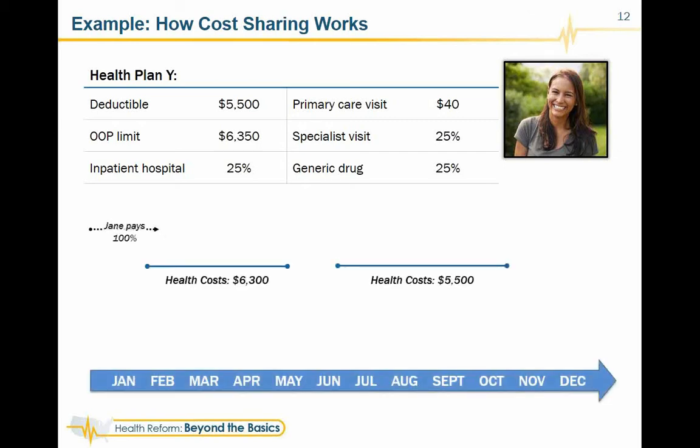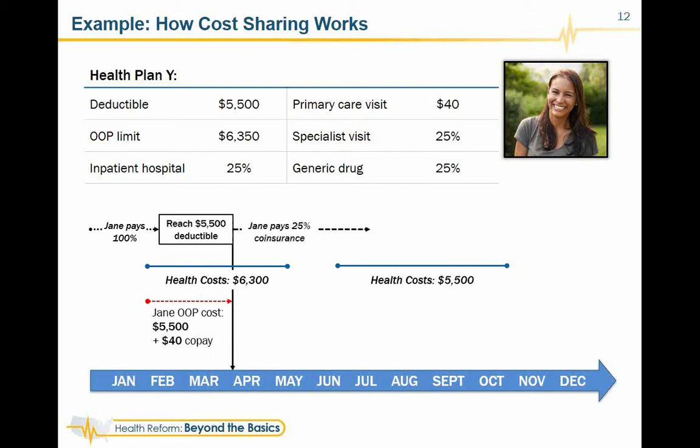You can see here that at the beginning, Jane is paying the full amount before the deductible of $5,500. She's paying 100% at that point. And then once she gets to $5,500, she's going to face a $40 copay, for example, for a primary care visit.